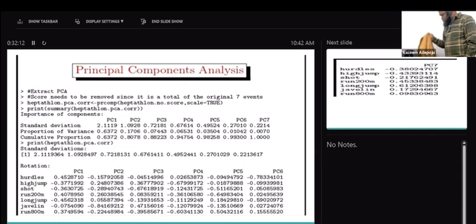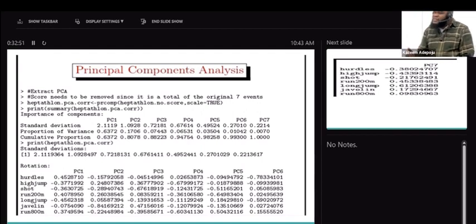What does it mean? Let's look at PC1. Look at hurdles, high jump, shot put, run 200 meter, long jump, and the run 800 meter; they actually have a huge value, right? Javelin in PC1 is very, very low, right? So PC1 is displaying the significance of those events. But when you take a look at PC2, look at the javelin in PC2.